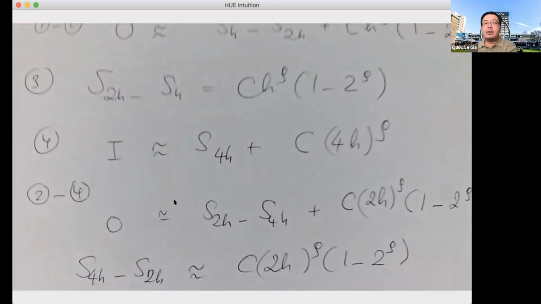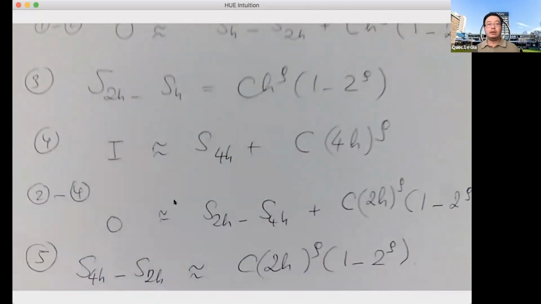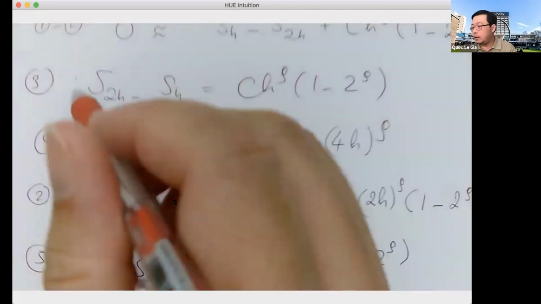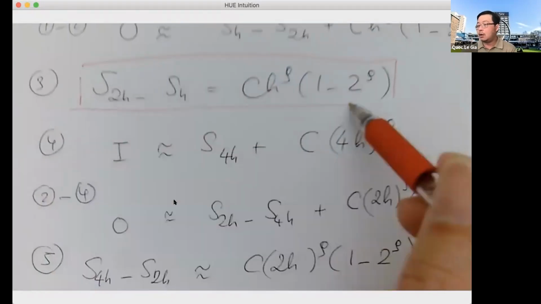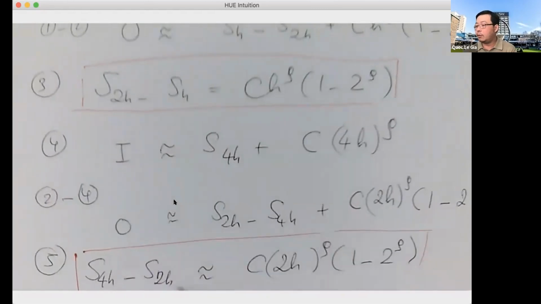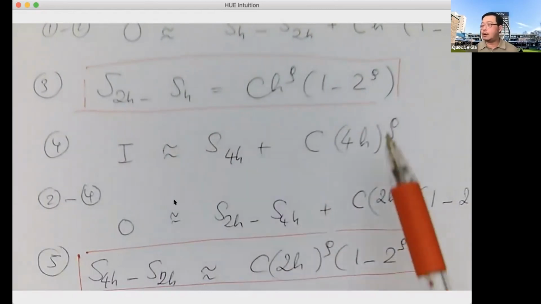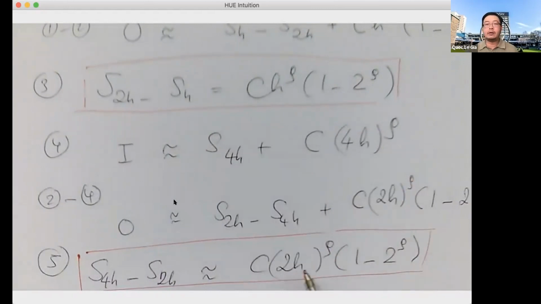Now I take number 5 divided by number 3. This one is my number 3, and this is my number 5. Then the constant's gone, the common factors cancel, and what you have left is just 2 to the rho.